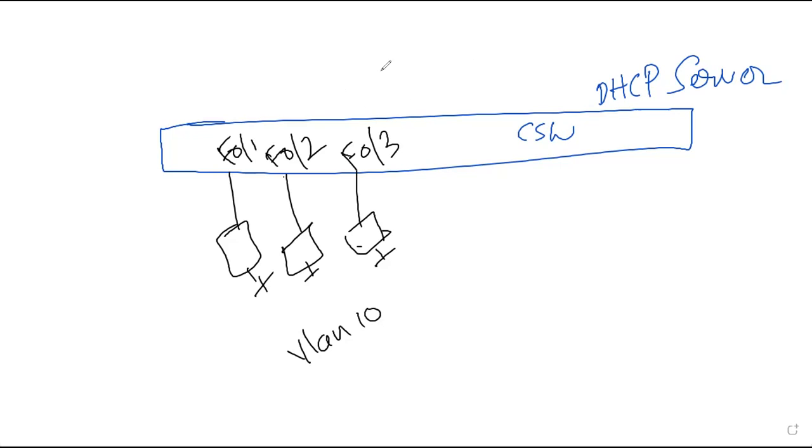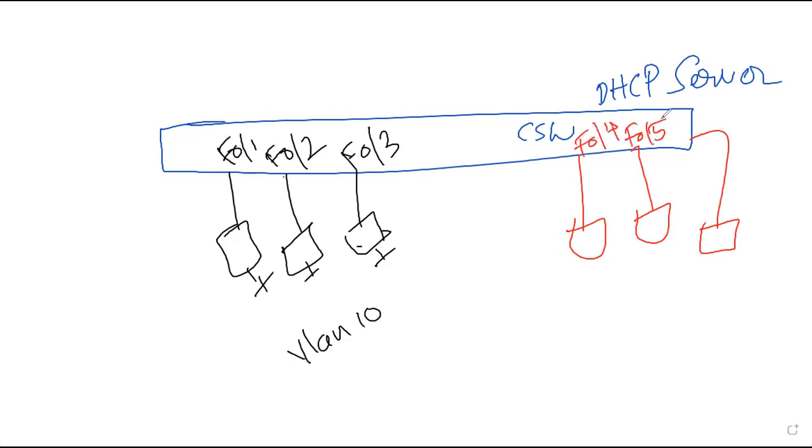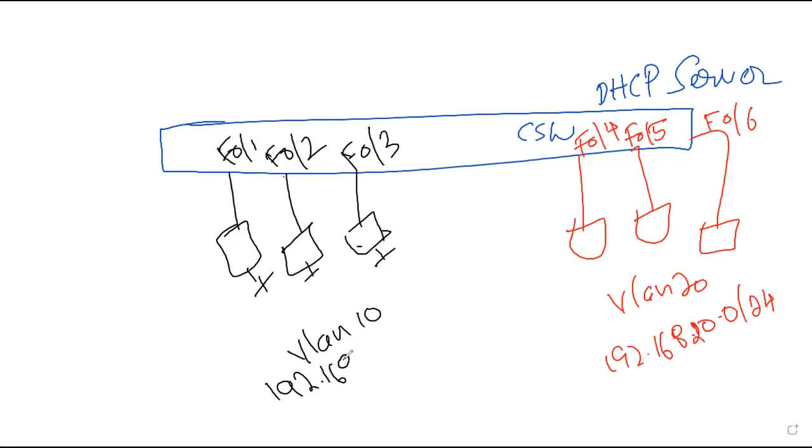And you have a system, let's say F0/4, F0/5, F0/6, which is in VLAN 20, 192.168.20.0, and here it is 192.168.10.0.